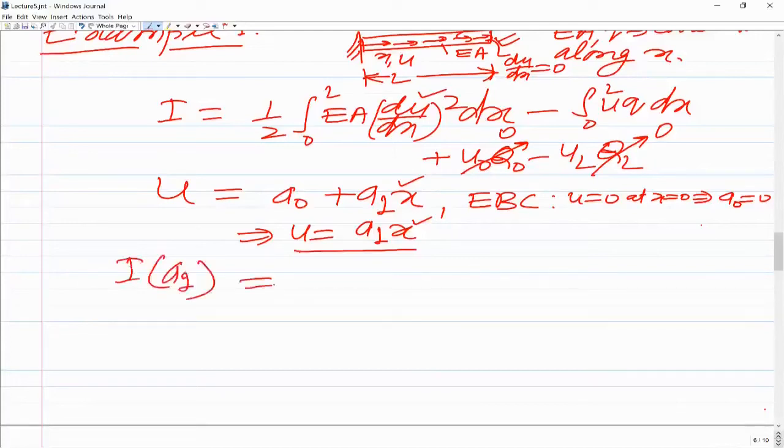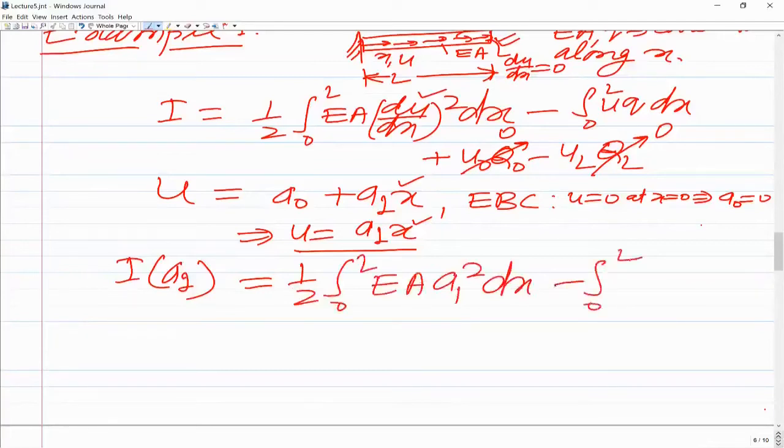So I as a function of a1 would be half integral 0 to l of EA, and du by dx is simply a1, and its square becomes a1 square, dx, minus integral 0 to l of q times a1 into x, dx.